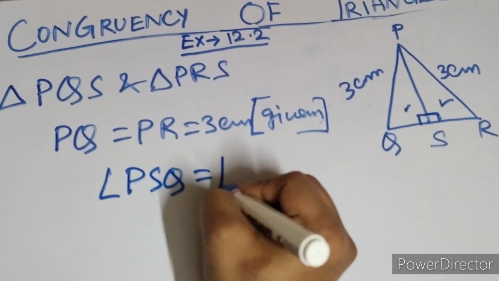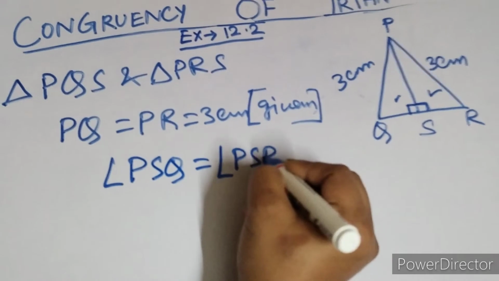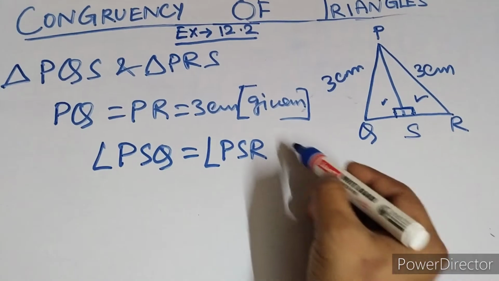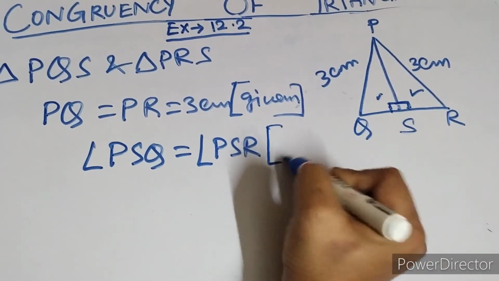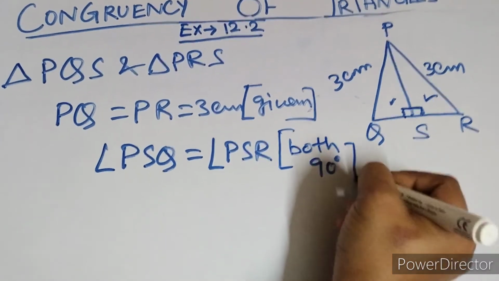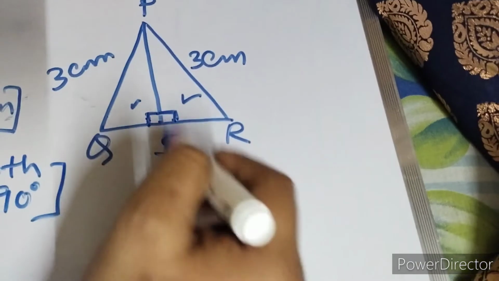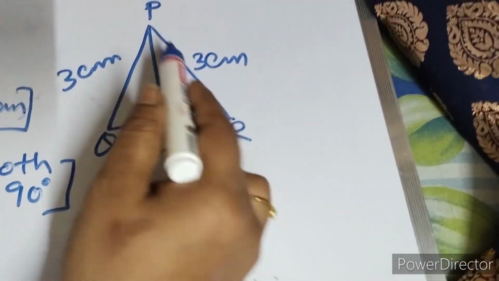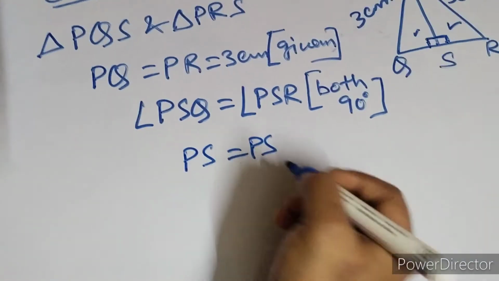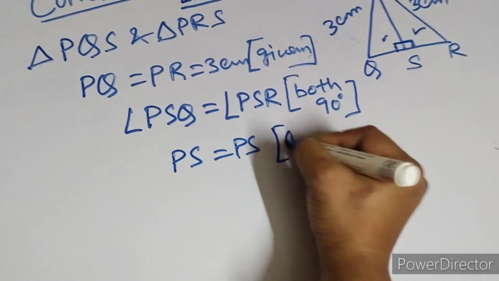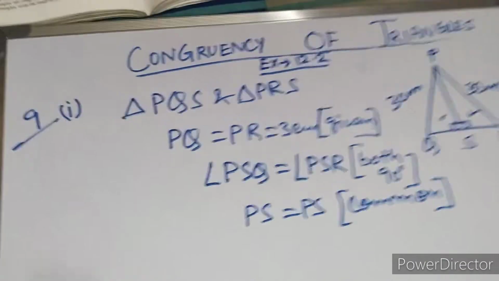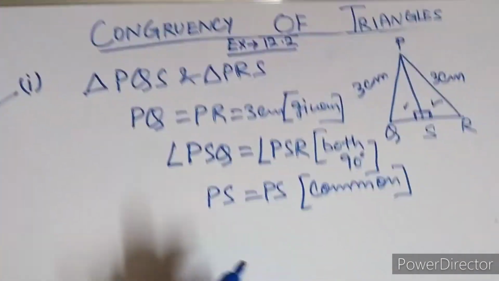Now why are they equal? Because both are 90 degree. Then we see that PS is common to both the triangles. So we will write PS equal to PS. Reason: it is common to both the triangles.